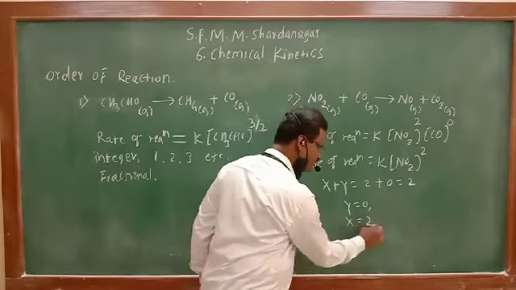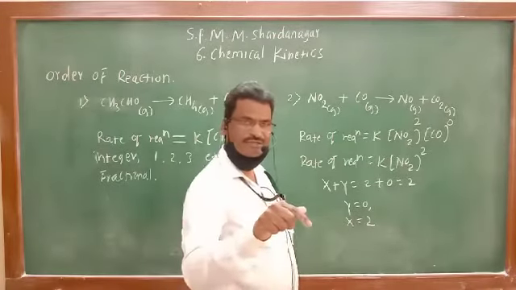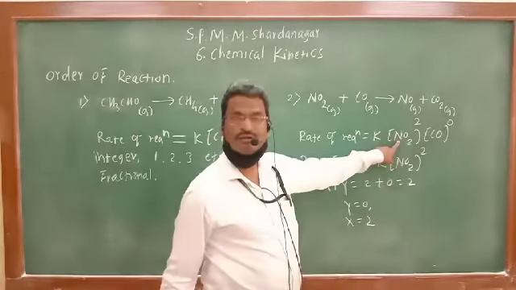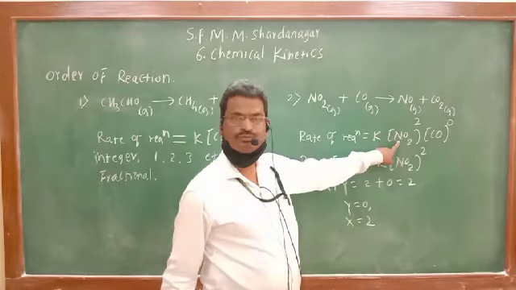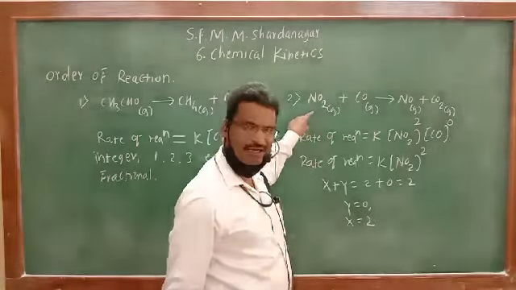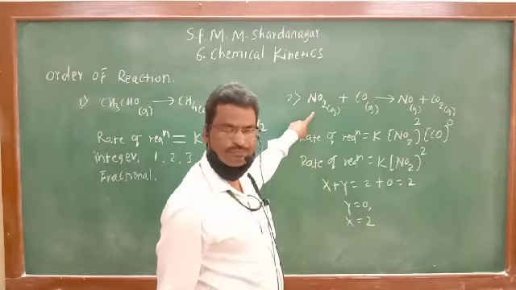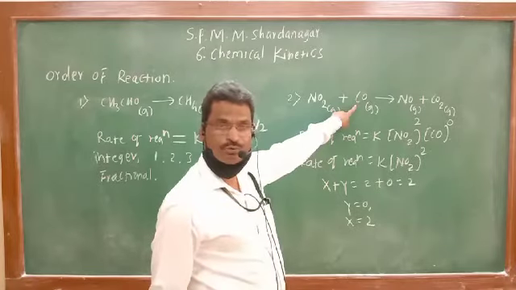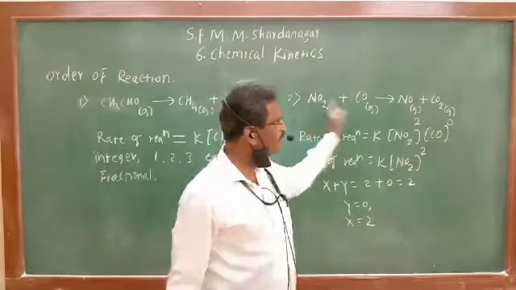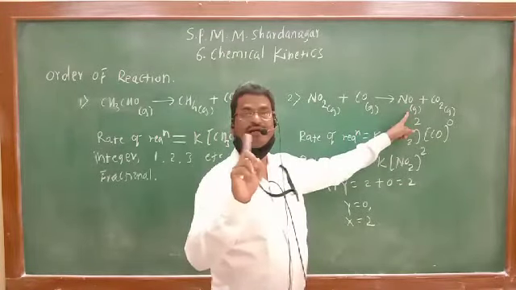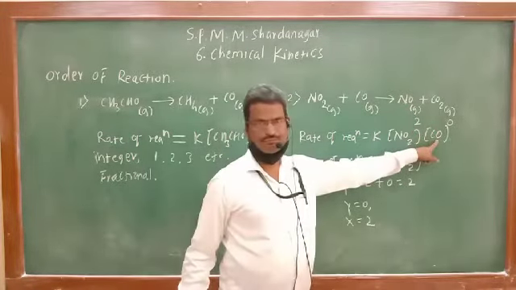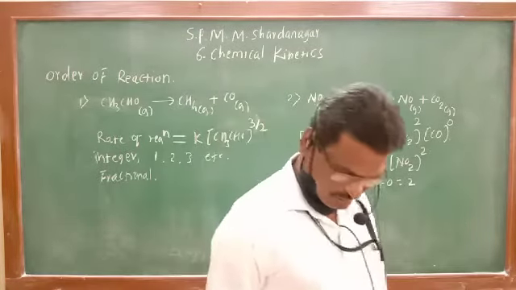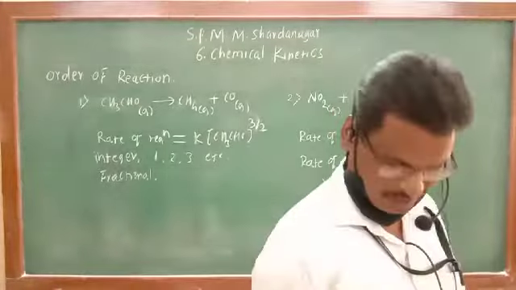What is X? It is equal to 2. So it is known as second order reaction with respect to NO2. So this reaction is second order with respect to NO2, and zero order with respect to CO, because the rate of reaction is independent of the concentration of CO. The rate of reaction is not depending on the concentration of carbon monoxide.